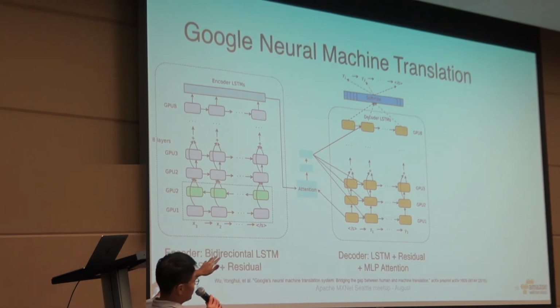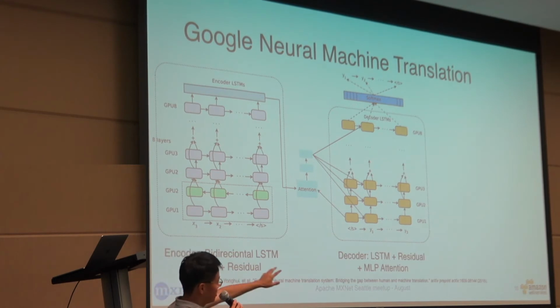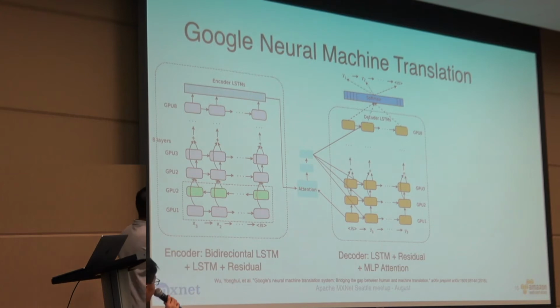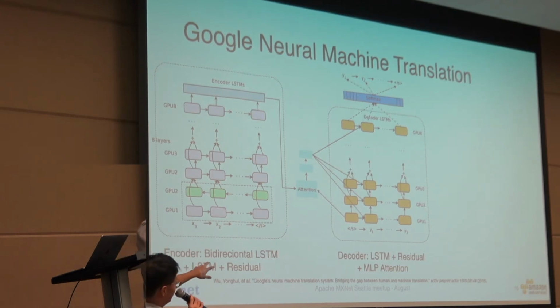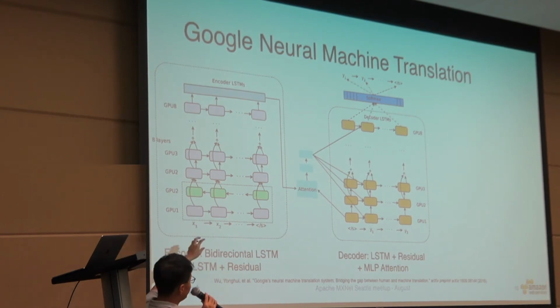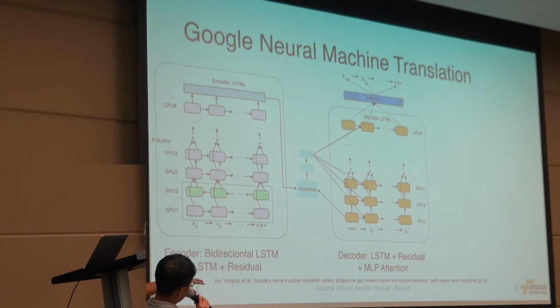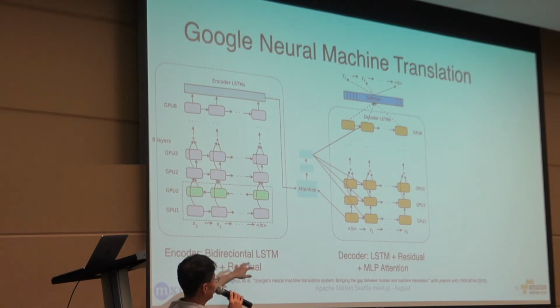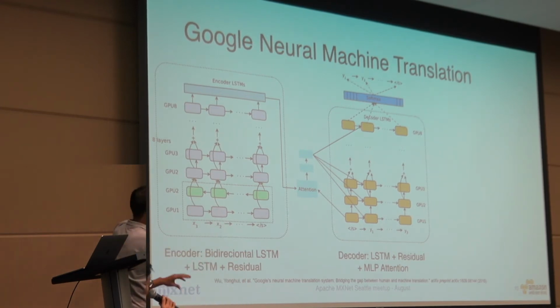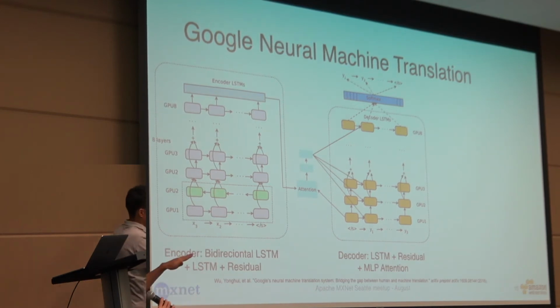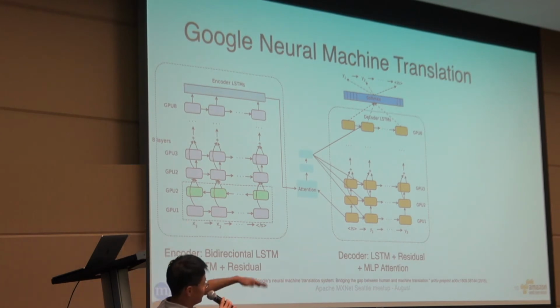The encoder handles the source sequence, and the decoder handles the target sequence. In the encoder, it has a bidirectional LSTM as the input, and then uses many LSTM layers in between the hidden layers, with residual connections so as not to lose that much information from the earlier network stages.